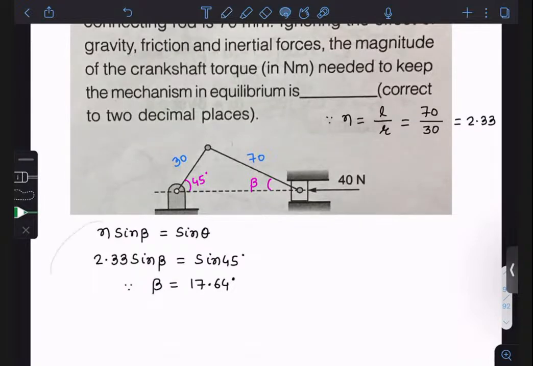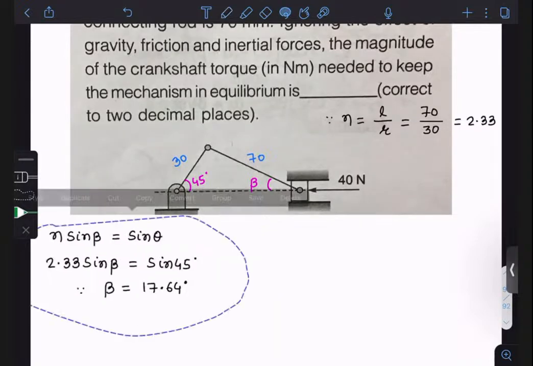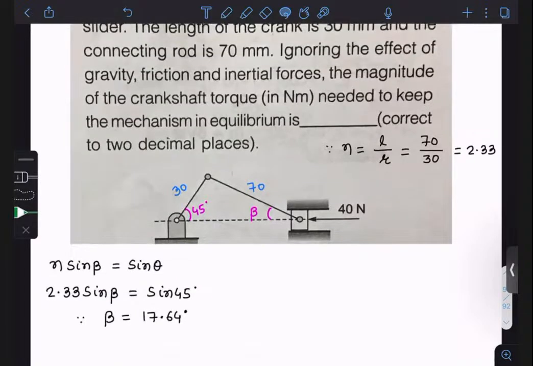Now we know very well the torque. We have to find out the magnitude of the crankshaft torque in Newton meter.